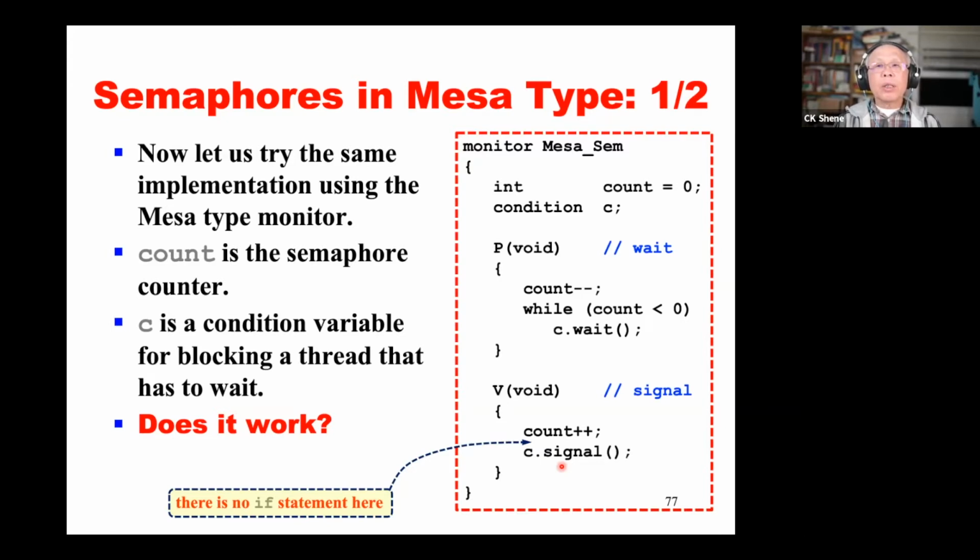The monitor is given to the released one. On the other hand, with a Mesa type monitor, the signaling thread continues, but the released one will be pushed outside and become an inactive or re-entry thread. So please pause and investigate my question. Does it work? Please pause.